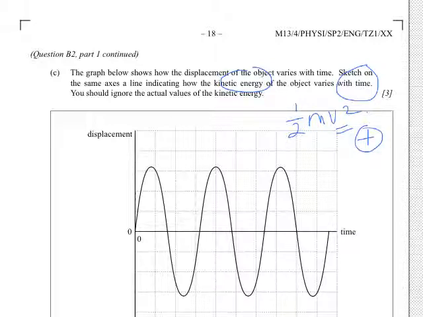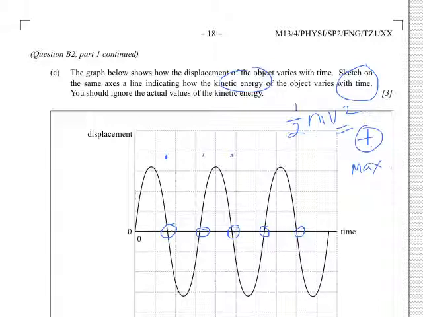So where on this graph is velocity a max? Because that will give us our points where we have a maximum kinetic energy. Well, it will be where the gradient is at its highest. Okay, so each and every one of these points, we will have a peak in our graph there.